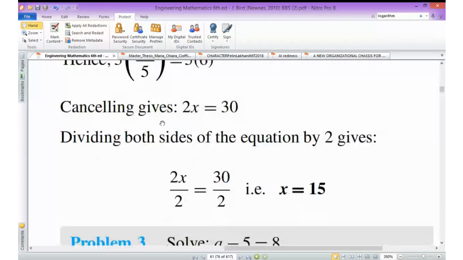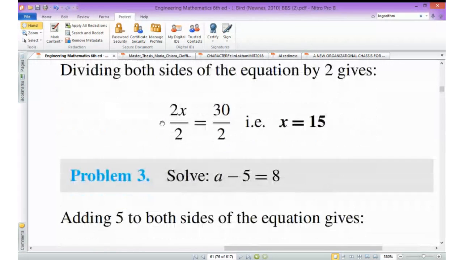Okay, so a different example can be in this order. These are basically simple equations.